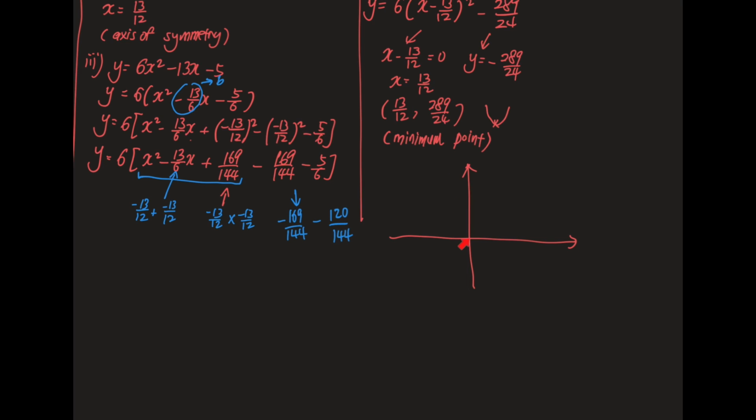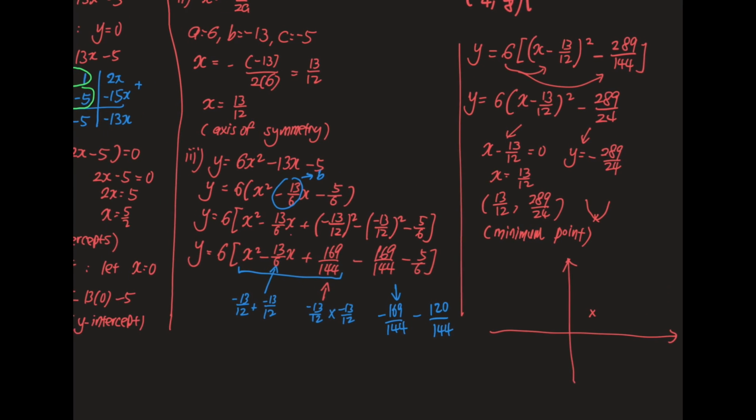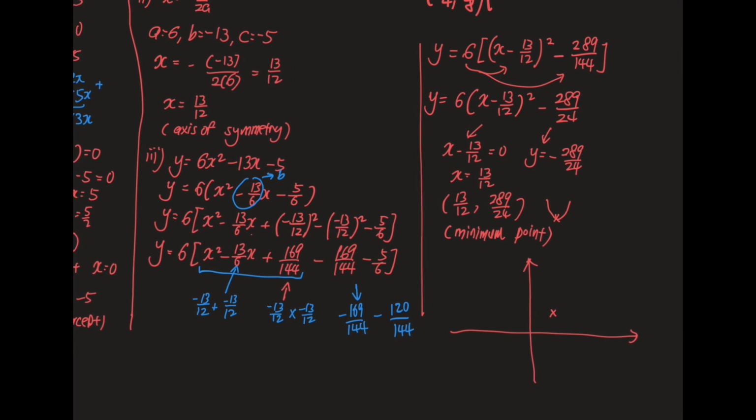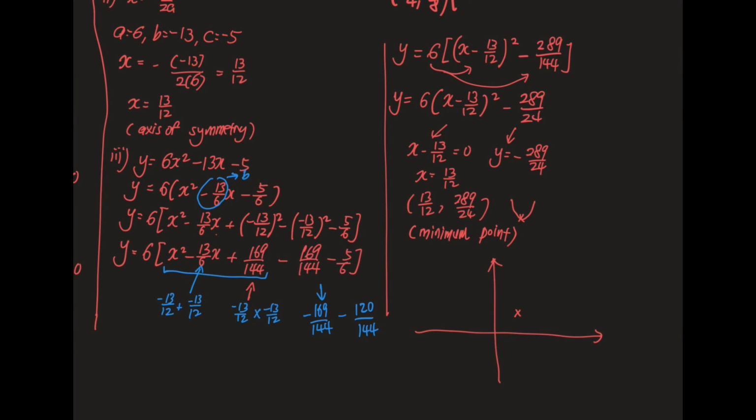When I look at this value, I know that this is going to be positive value to the right, positive value going up. So it's somewhere here. Oops, sorry, the y is a negative value.